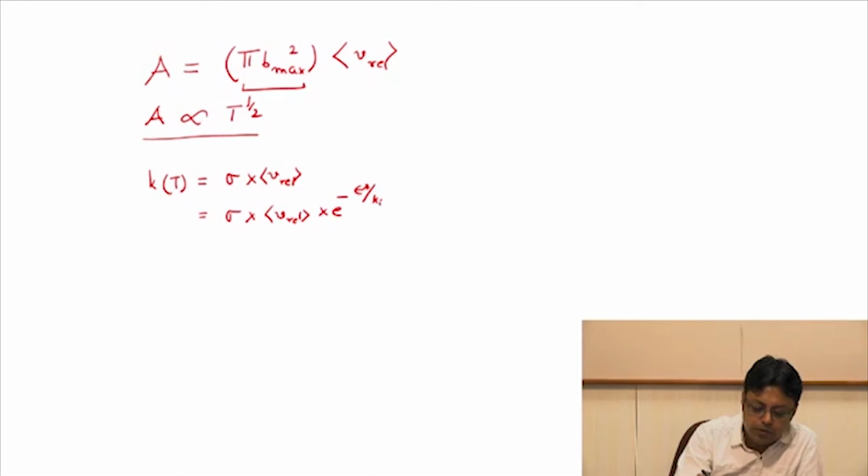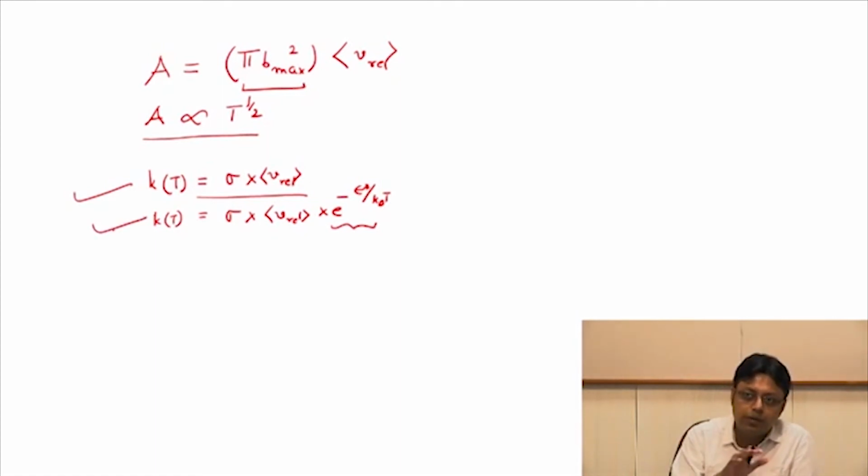The moment you include this factor, you see the number of collisions that give the reaction will be reduced. So the rate constant you calculate using the old formula will give a very high number, which is not a true number. The rate constant you get using this formula will be a lower number, closer to the true value. But still, the actual rate constant you get experimentally will be much lower than this calculated rate constant.